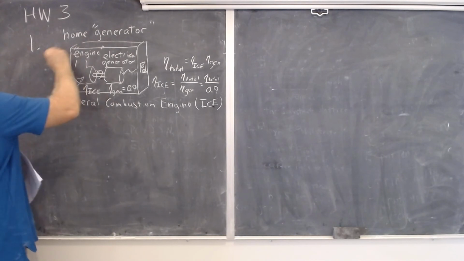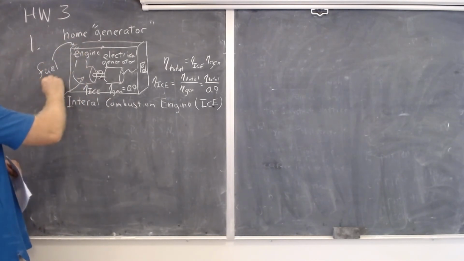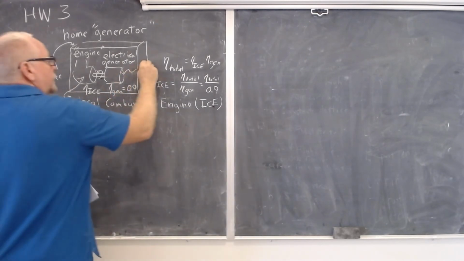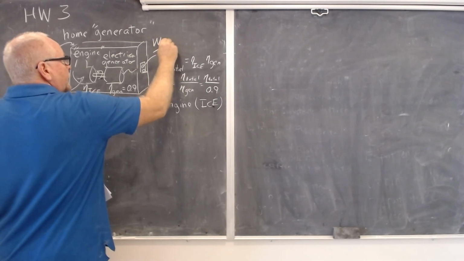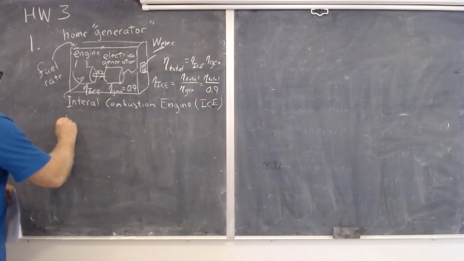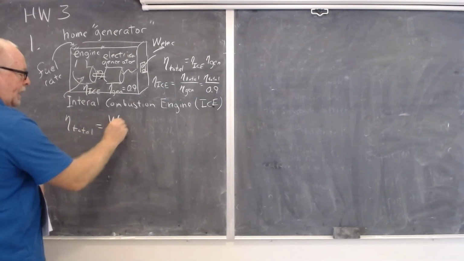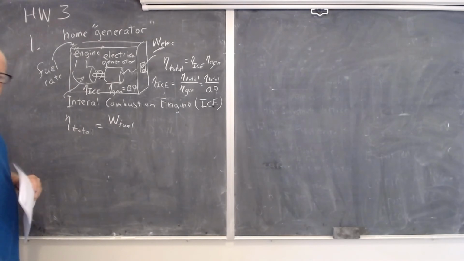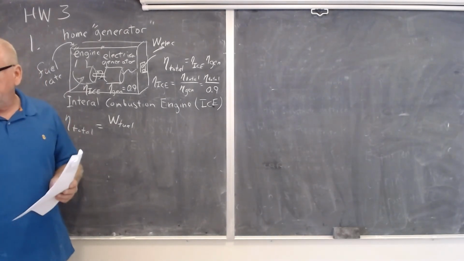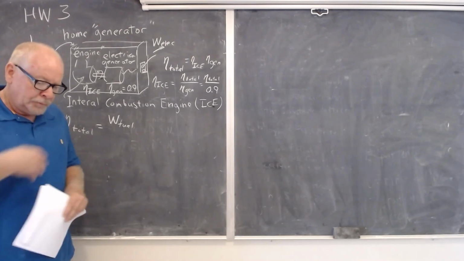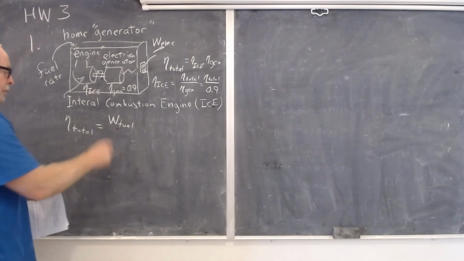And the total efficiency comes from, and this is why I wanted you to have a fuel rate going into it, and that's able to provide an electrical power coming out. And so the total efficiency is the fuel power, and this is why I wanted you to get used to the idea from the other problems of thinking of a flow of fuel as equivalent to having a power.